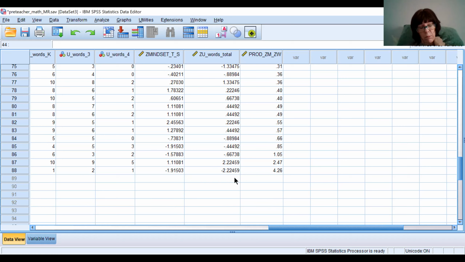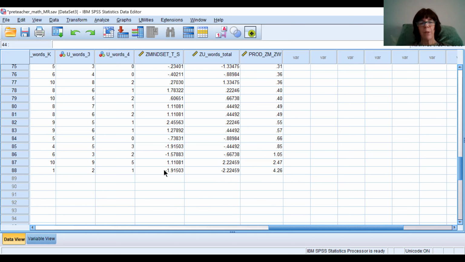One thing that you should be aware of in this data set is that mindset is on a continuum where low numbers are growth mindset and high numbers are fixed mindset. So this person has a very growth-oriented mindset and a very low usage of words. Just as z-scores can range from negative to positive, these products can also be negative or positive.